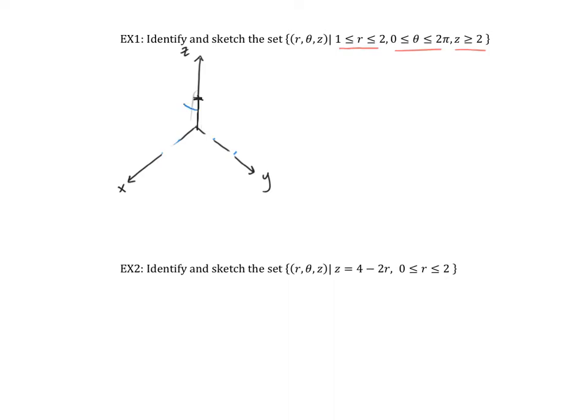So that would be this annulus. And then from there, we're just going to go up with our z values. Here's my strange shape. It's a cylinder that just keeps going up, starting at a z value of 2. So this would be a cylindrical shell.